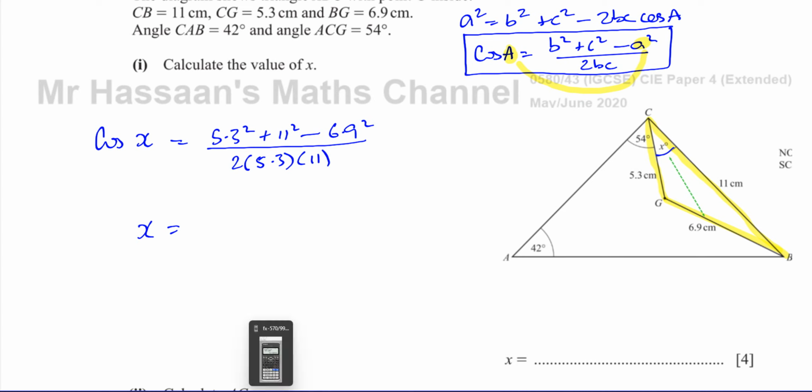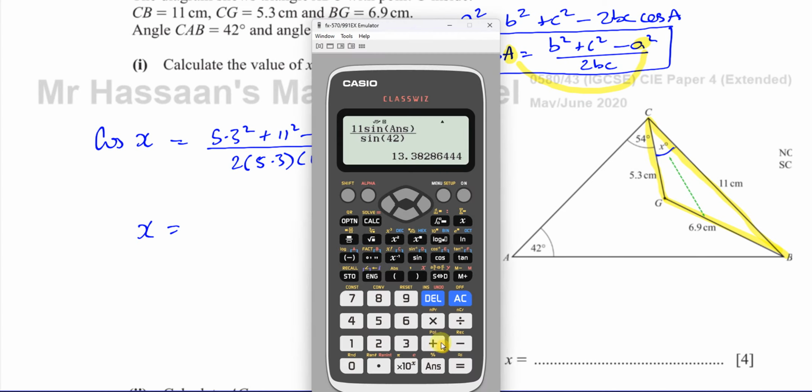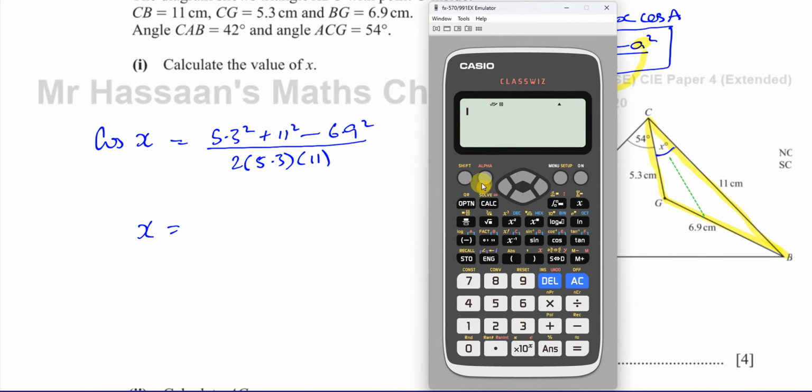Use your calculator and make sure you're in degree mode, which we are. If you're not, go to angle unit and choose 1, 2, 3. We want 1, degree. Very important because your answer will be wrong if you're not in degree mode. Then put inverse cosine: press shift cosine, fraction button. Don't forget to square these.